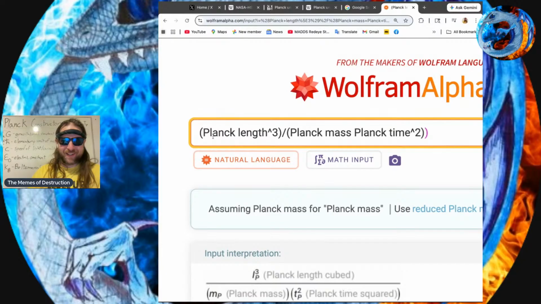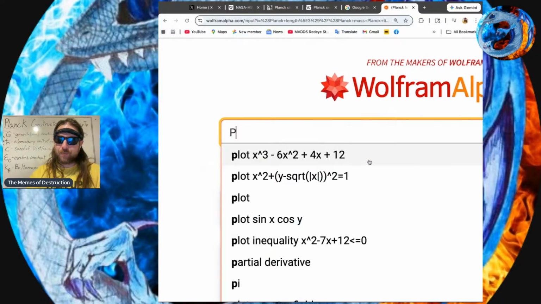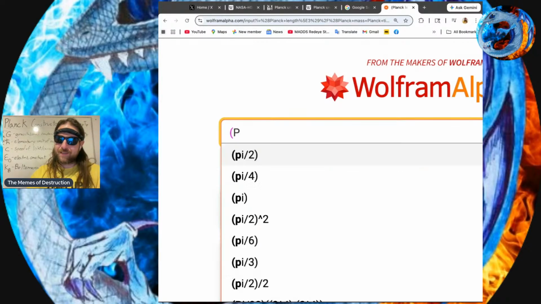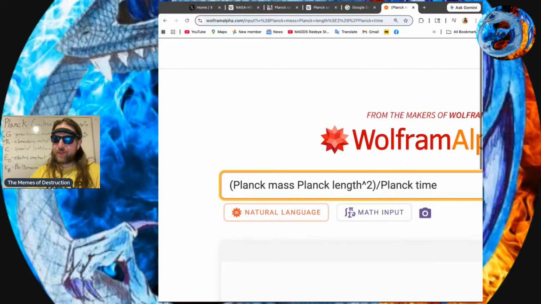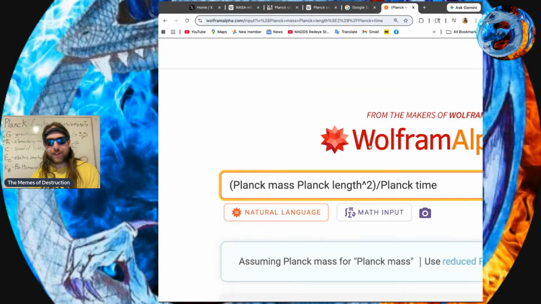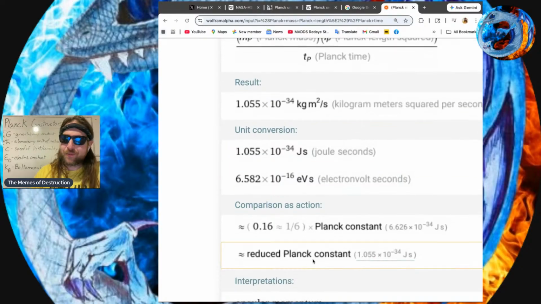And then h bar: Planck mass, Planck length squared over Planck time, so it'll be 1.055 times 10 to the minus 34 joule seconds. That produces Planck's constant.